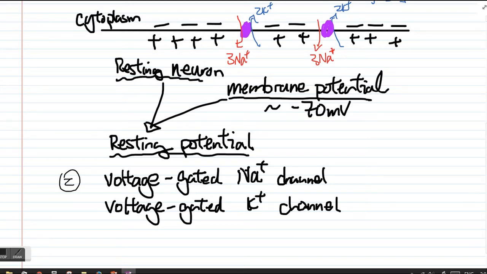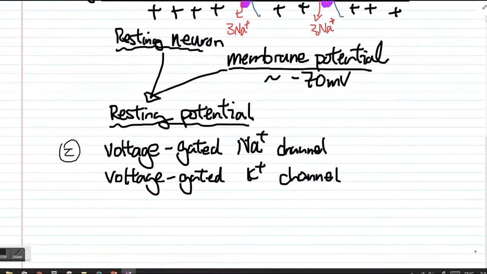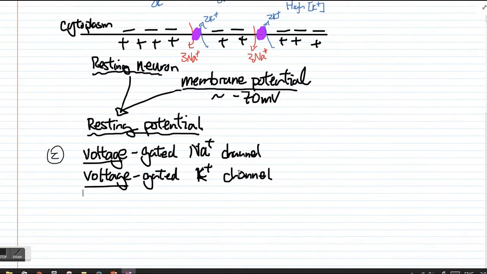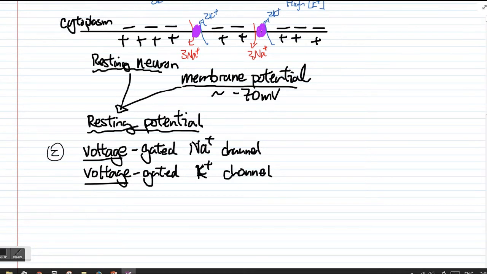They are voltage gated in the sense that whether the channel opens or not is going to depend on what the voltage is on the membrane of the axon, and so each of these channels are going to open at a particular voltage range.